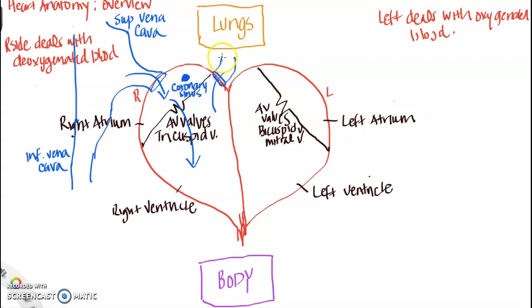Pulmonary trunk. So the pulmonary trunk branches into right and left pulmonary arteries. So the right pulmonary artery and the left pulmonary artery, and it sends that blood to the lungs. This is the pulmonary trunk.